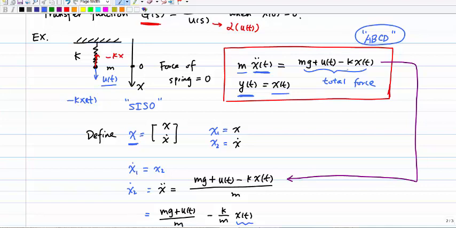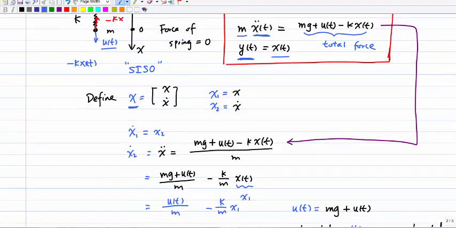Double dot of the black x can be obtained from the equation we just got from Newton's second law. We just divide both sides by m, so the left-hand side becomes x double dot t, and the right-hand side becomes mg plus u t minus k x t, all over m. Simplifying, x2 dot t equals (mg plus u t) divided by m, minus k over m times x t. Here x t is the blue x1, so I replace it by blue x1.